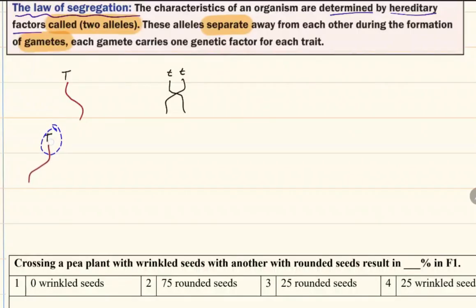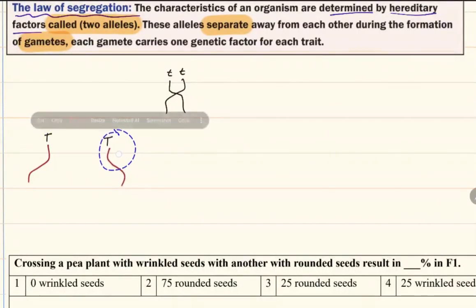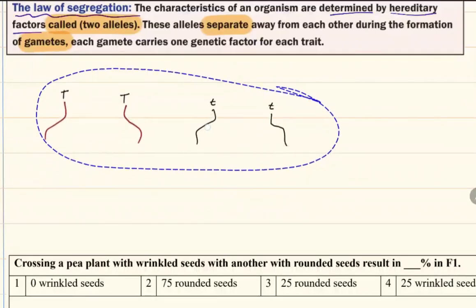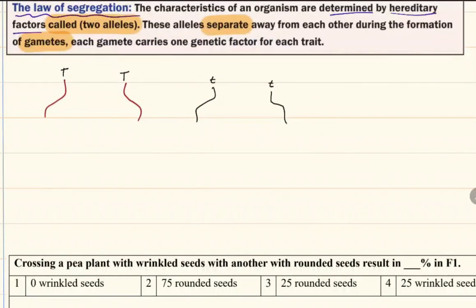This allele will separate, and this allele will separate in the gametes, and the mother's alleles also will separate. Mendel said these alleles will rejoin, they will come back during fertilization. It means this from the father will rejoin with this of the mother.